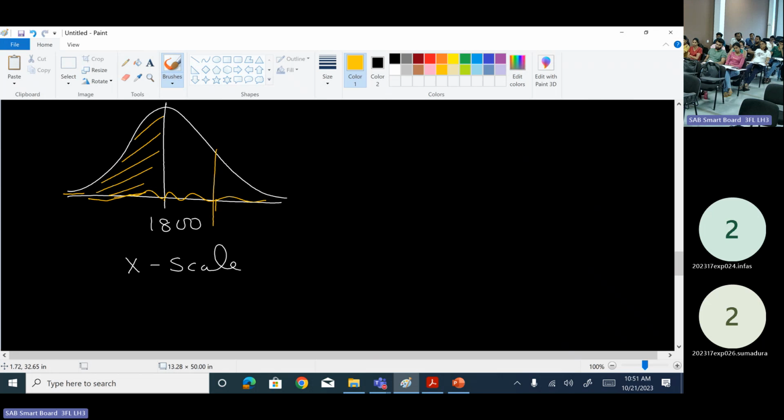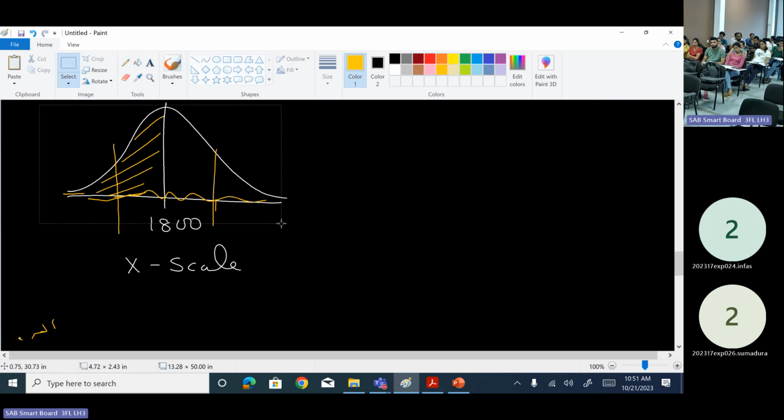It should be a value below 1008. The value we don't know. So first you have to draw the X scale sketch and locate the point correctly. If you take the wrong side, the final answer will definitely be wrong. You have to locate it correctly.